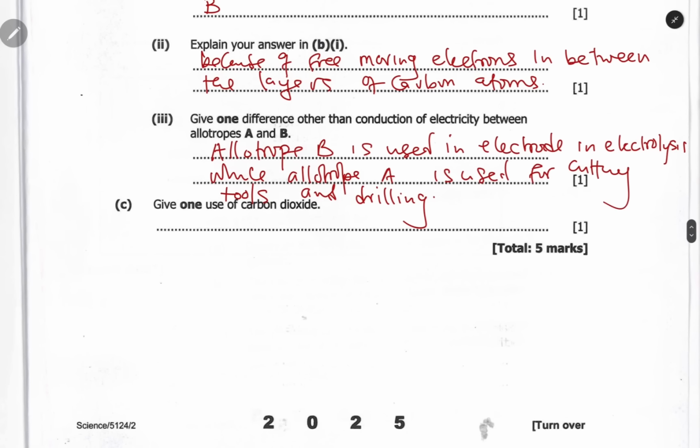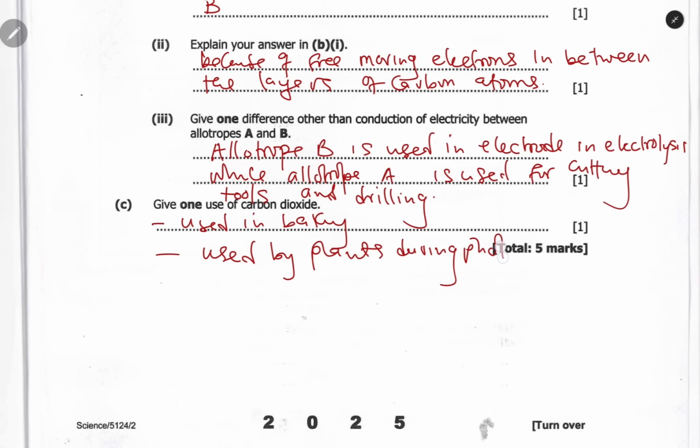Then C, give one use of carbon dioxide. So this is general. One use of carbon dioxide. It's not a natural use, it's not artificial, but just one use. So used in baking, used by plants, that is the natural use, by plants during photosynthesis.